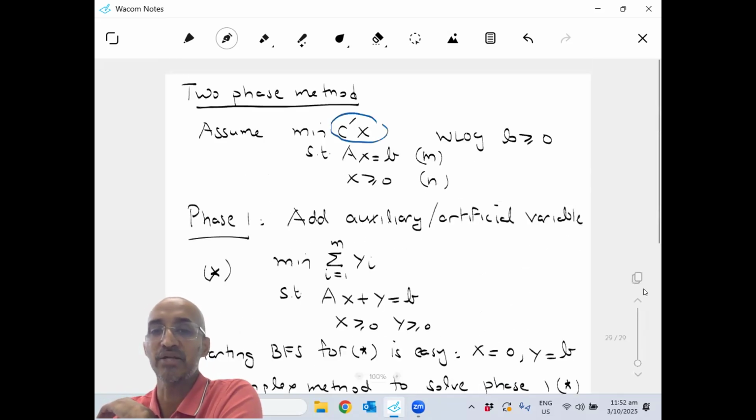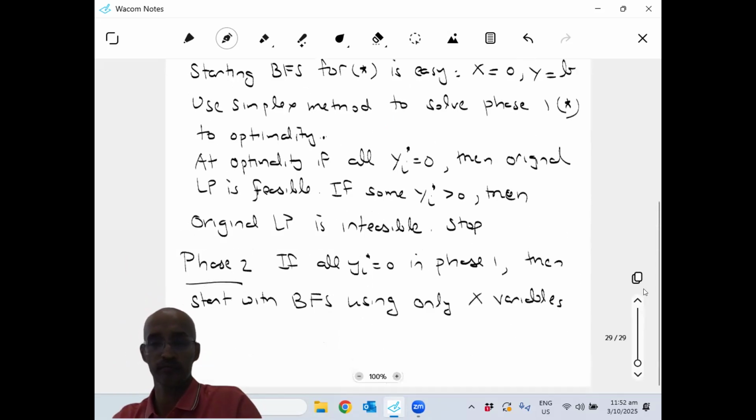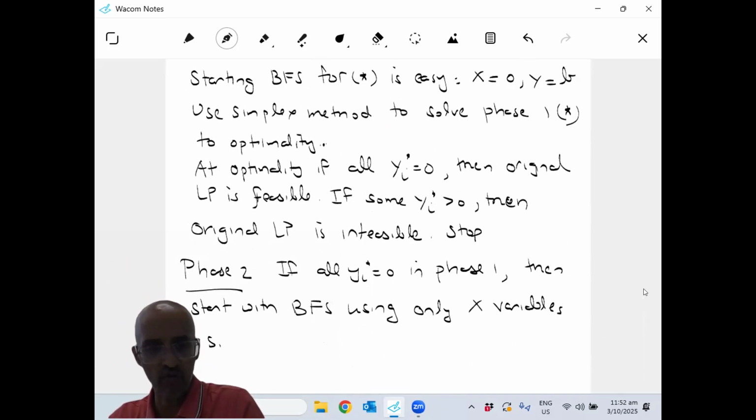But now you solve it for the original. Now you use the original cost function, and solve the original LP starting at this BFS.